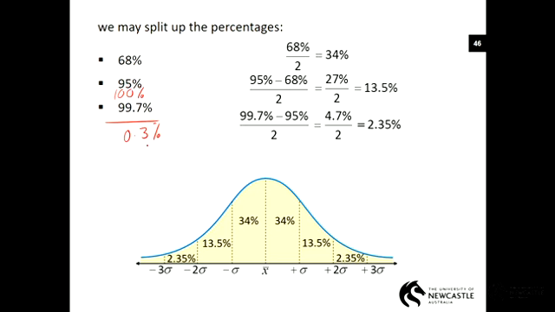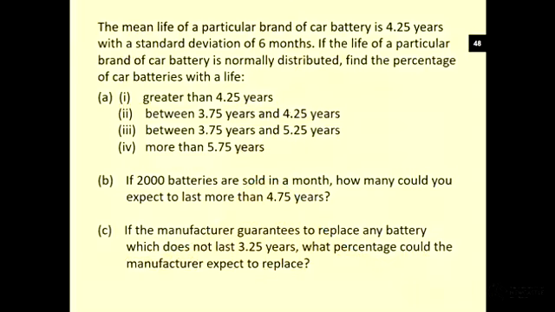So 0.3% must fit in the tails, halve it, that's 0.15% in each end. So that's the picture I'm saying, that whatever the mean is, it goes up by standard deviations, goes down by standard deviations. We've got a few examples to make sense of it, but they're the magic numbers. If you can write them, and it's symmetrical, so you only really need to write 4 numbers. That covers everything. All of those percents add up to 100. So let's use that.